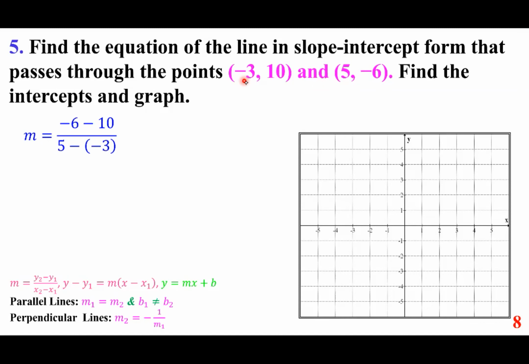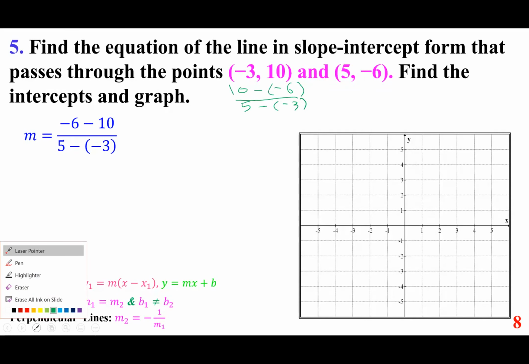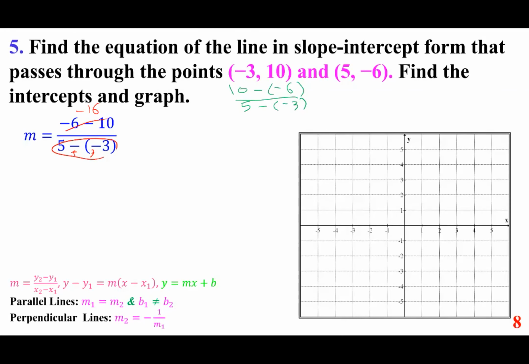So I'm going to show you, in case you write it the other way around, if you take this one to be the second and this one to be the first point, then you would put 10 minus -6 over 5 minus -3. Let's see what happens. I want to make sure you understand that it works both ways. So this one is obviously -16. This is +3, and that makes it 8.